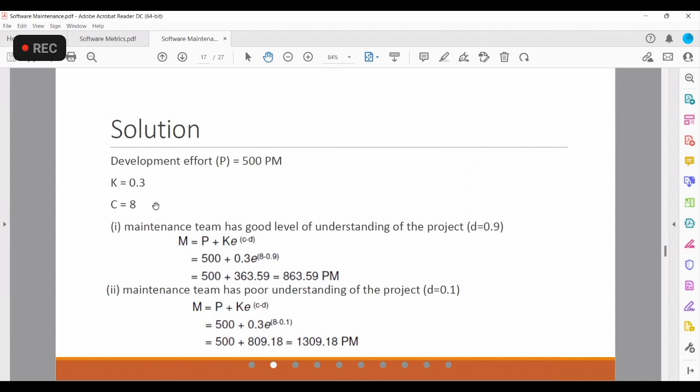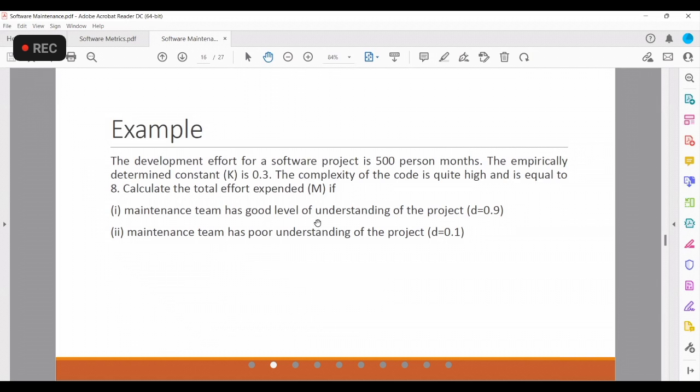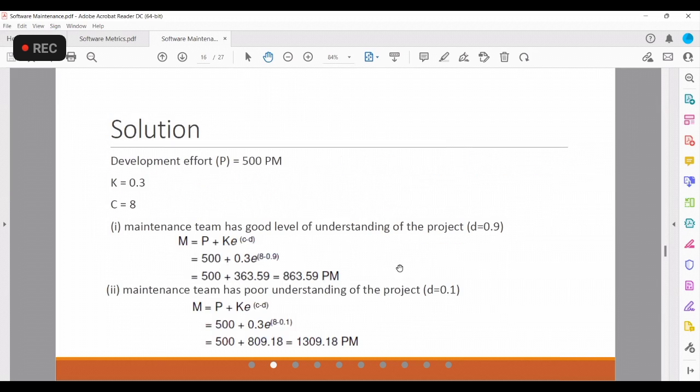That the maintenance team has a good level of understanding, that is 0.9. तो simply आपने formula में values put करनी हैं and you'll get your answer. Second case में maintenance team has poor understanding of the project. In that case, D becomes 0.1 and you can find your answer.